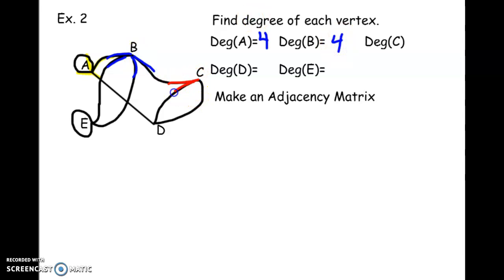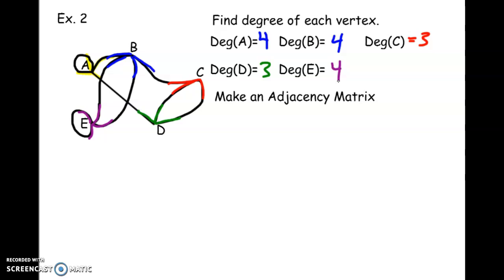C, 1, 2, 3. D, 1, 2, 3. And E, this is the one with that loop again. We've got 1 here, 2, 3, and 4. So even though it comes back to the beginning, you have to count it as 2. So we're going to say 4.